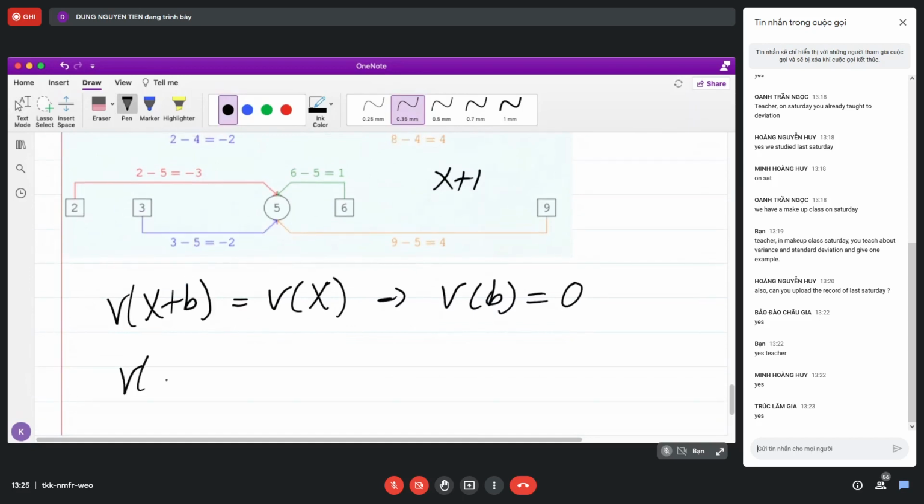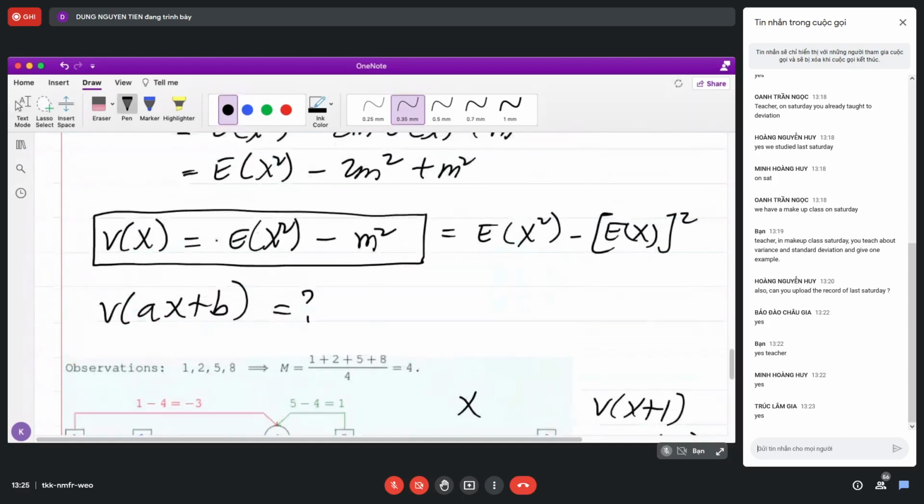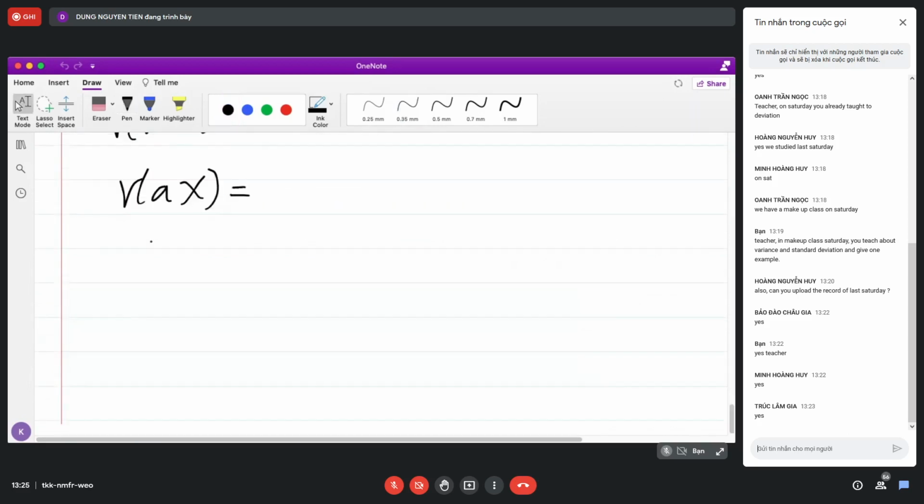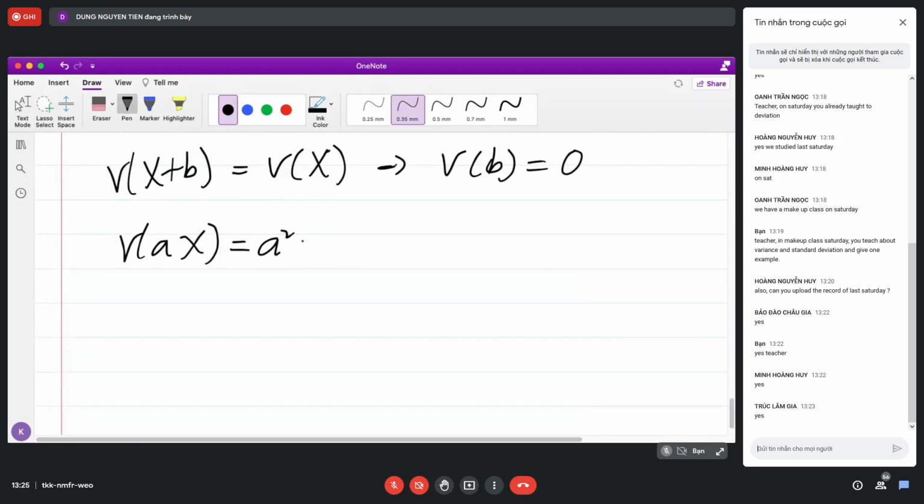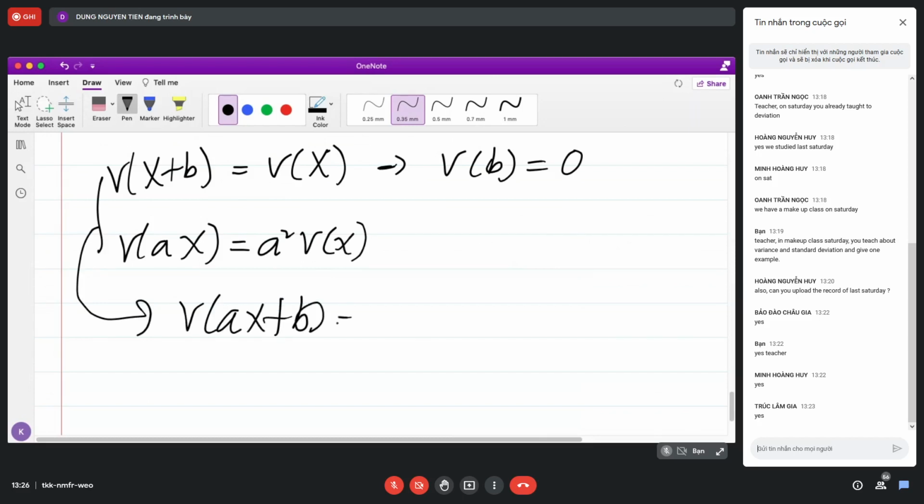How about the variance of ax? If you have a here, that should be a squared, and then m squared gives you a squared as well. So you can factor the common factor a squared out to get the variance of ax is equal to a squared times the variance of x. Then from these two equations, I can conclude that the variance of ax plus b is simply a squared times the variance of x. Do you have any questions?